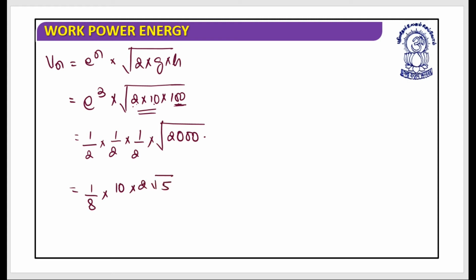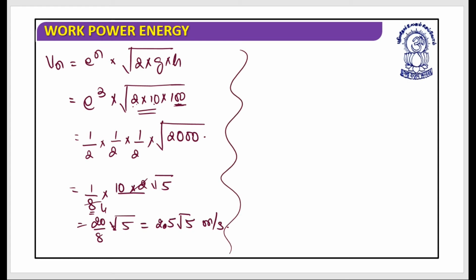So this is 20 by 8 multiplied by root of 5, which could be written as 2.5 into root of 5 meter per second. This is 2.5. I hope this was your answer. Is it clear?